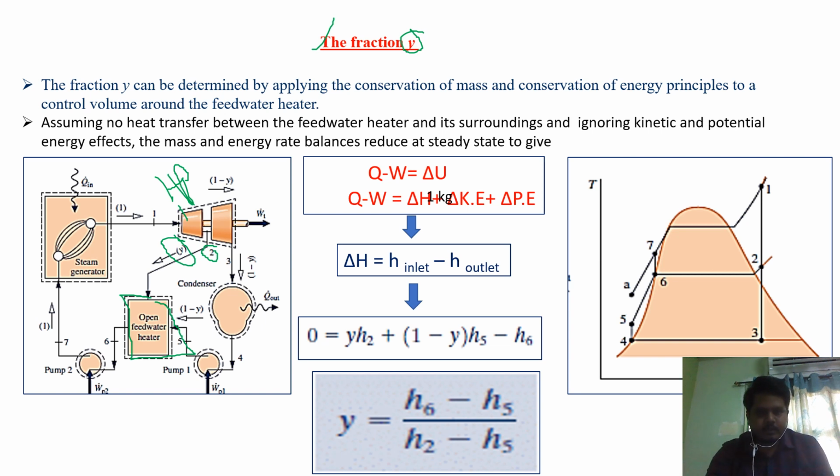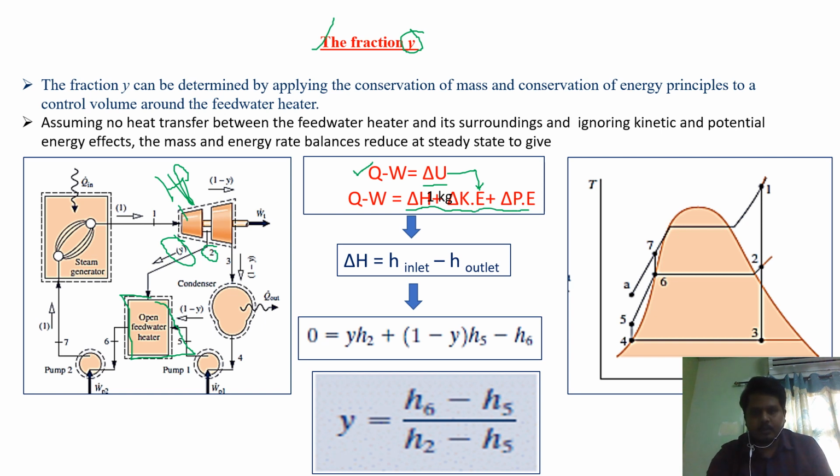Since it is an open system, the first law for an open system is Q minus W equals delta U, which means heat minus work equals change in internal energy. This internal energy includes change in enthalpy plus change in kinetic energy and change in potential energy.